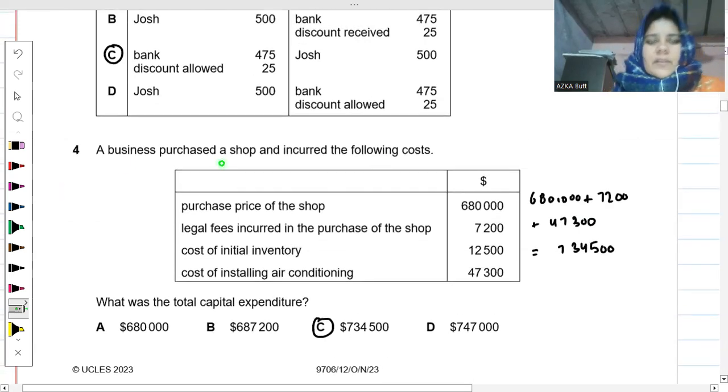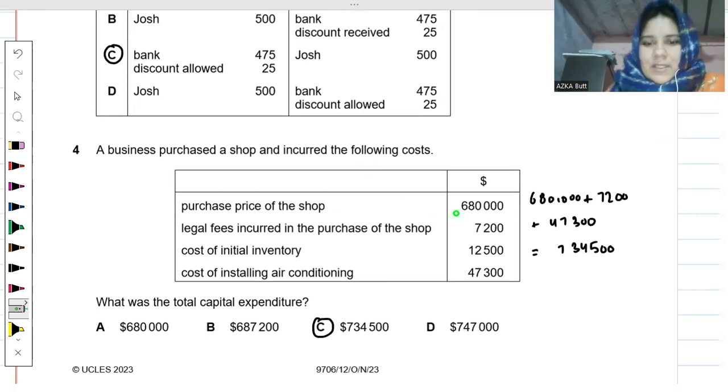Question number 4: a business purchased a shop and incurred the following costs. Purchase price of the shop is 6 lakh 8,000. Legal fees incurred for purchasing the shop are 7,200. Cost of initial inventory is not part of capital expenditure.